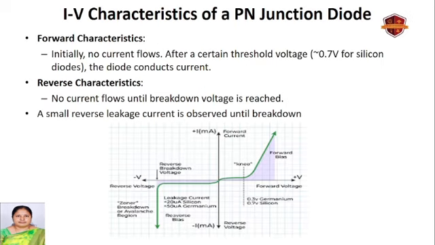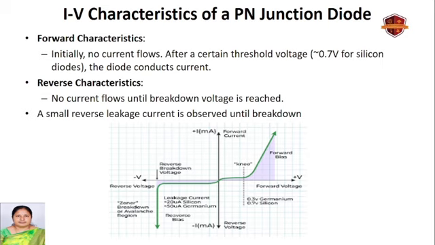Next, we see about the current and voltage characteristics of a PN junction diode. There are two characteristics: forward characteristics and reverse characteristics. In forward characteristics, you can see in the graph that initially no current flows, until a minimum level of voltage is reached.